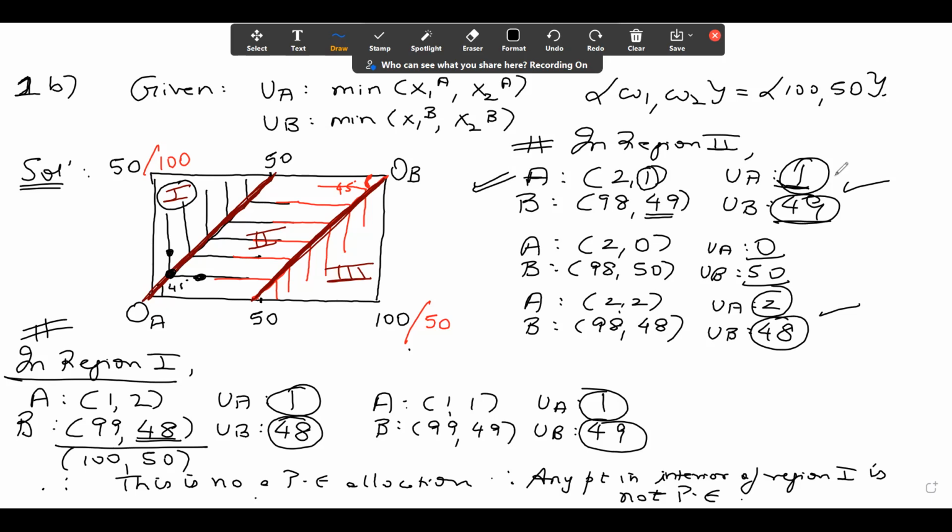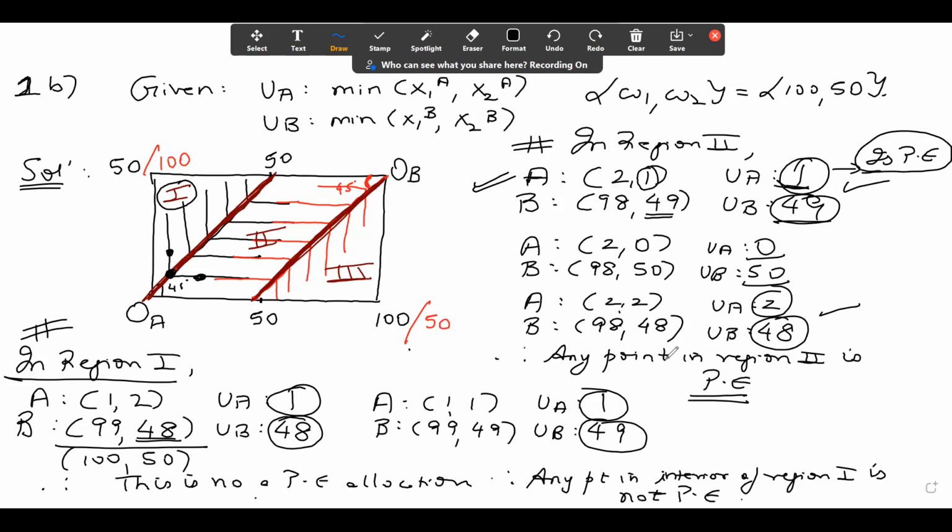That means my original allocation is Pareto efficient. By generalization, I can say that any point in region 2 is Pareto efficient. You take up any point in region 2, that is going to be Pareto efficient.